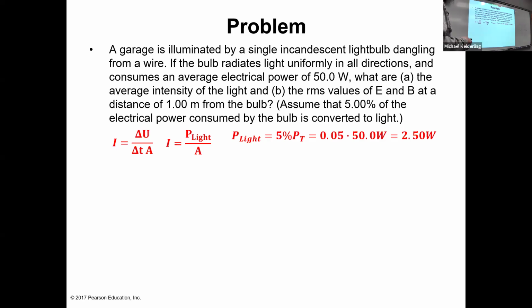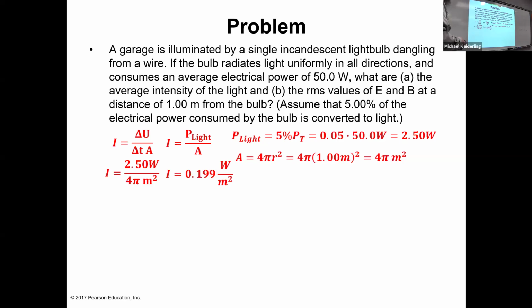The power that is light is 5% of the total power, so 0.05 times 50 watts, so it's 2.5 watts converted to light. The area is 4 pi r squared, or 4 pi times 1 meter squared, or 4 pi square meters. So 2.5 watts divided by 4 pi gives you an intensity of 1.99 watts per square meter.